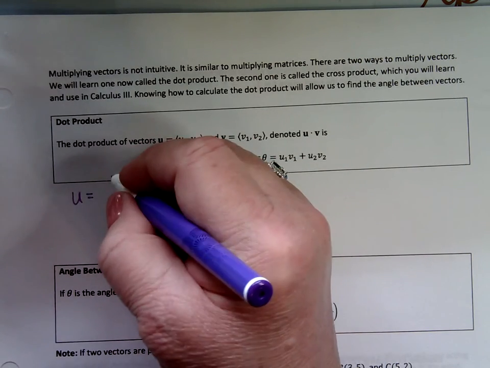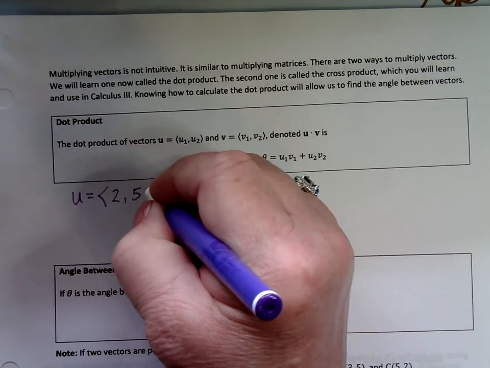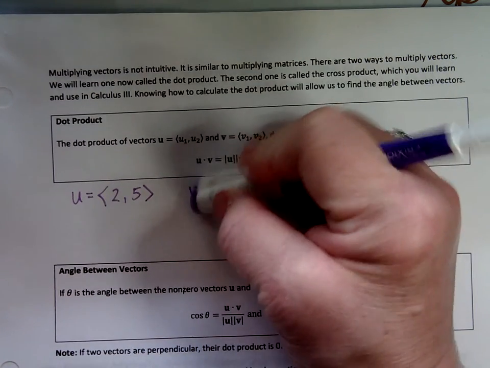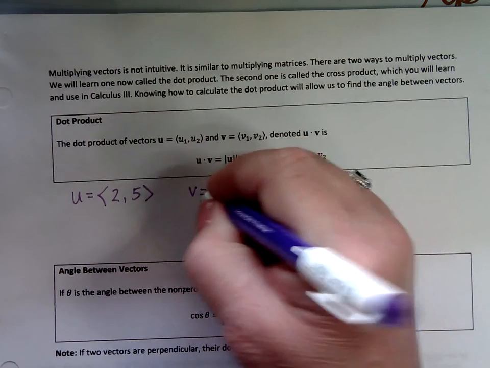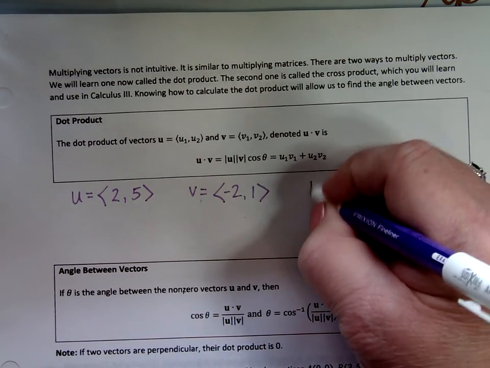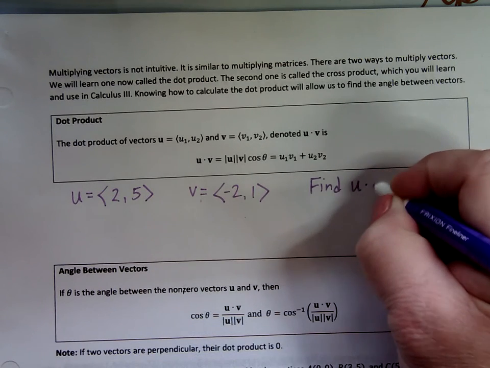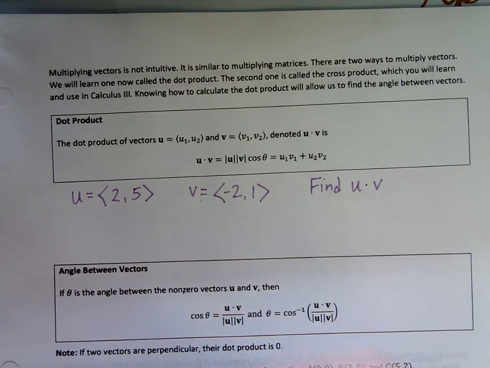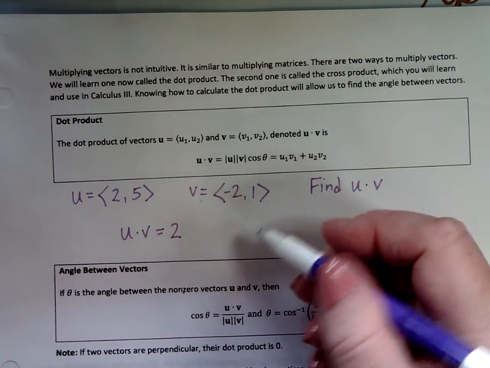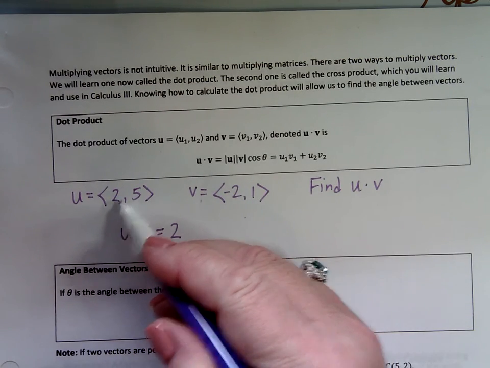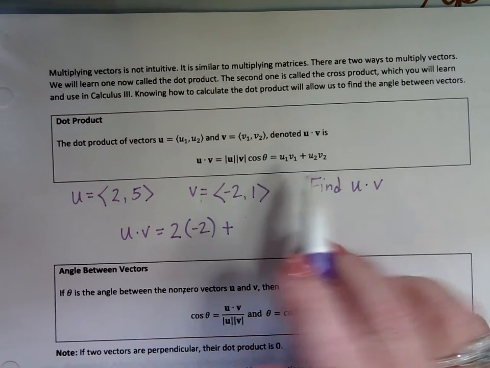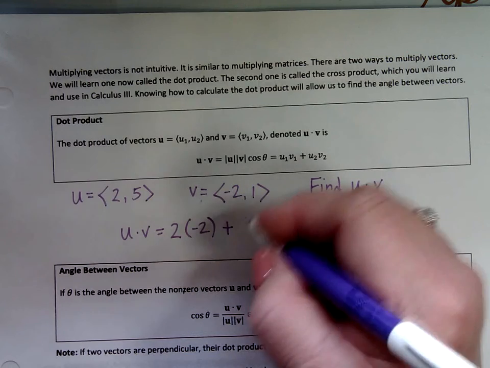If u is the vector 2, 5, and v is the vector negative 2, 1, and they say to you, find u times v, here's what it would look like. u times v equals 2, the first term here, times the first term over here, negative 2, plus the second term, 5, times 1.